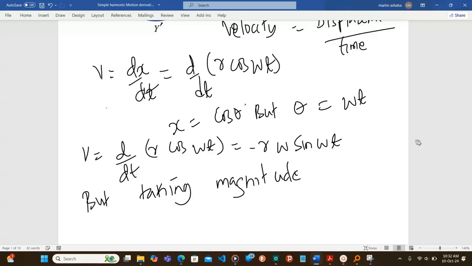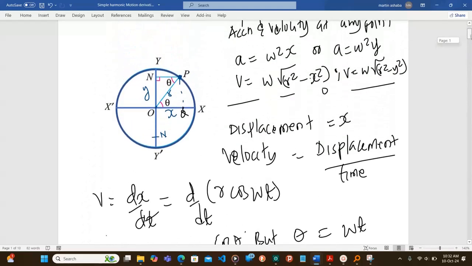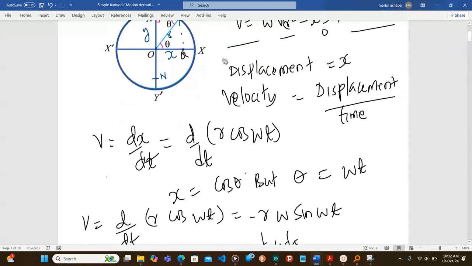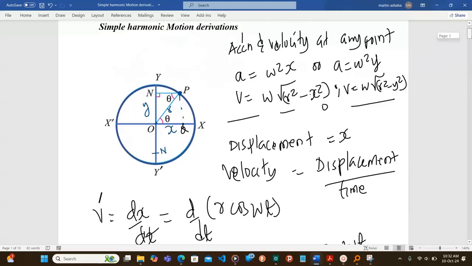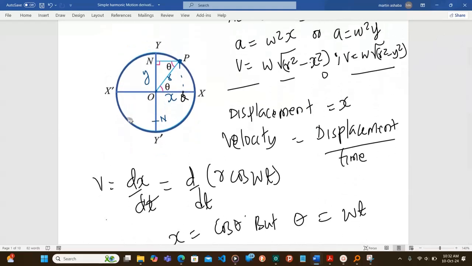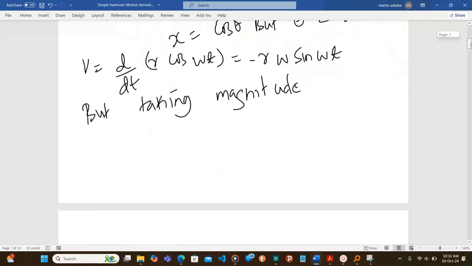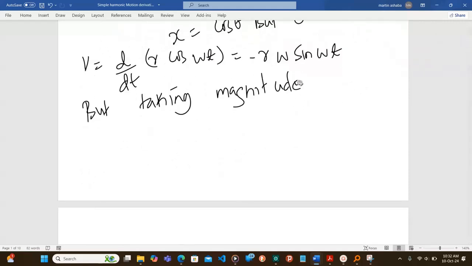That negative tells us that velocity is directed towards the center. As the object is moving away, velocity will be directed towards the center, in other words, in the opposite direction. So taking the magnitude, our v will be r omega sine omega t.